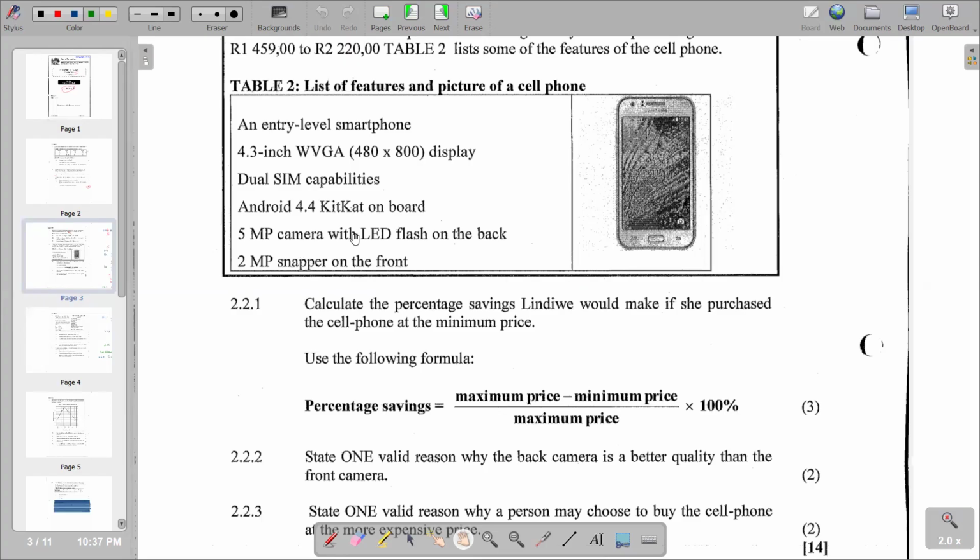So basically, what it means is the 5MP is better than the 2MP. So basically, that's how we can explain it there, whereby we are saying the quality in the back is better than what we are having in the front. So we can say the 5MP camera is better than the 2MP snapper on the front.